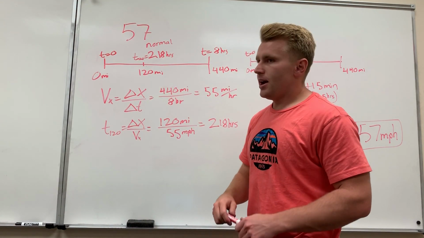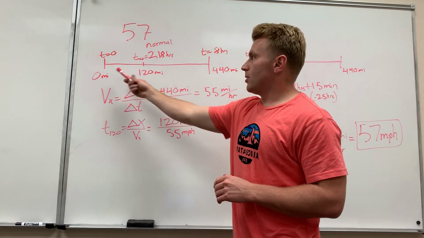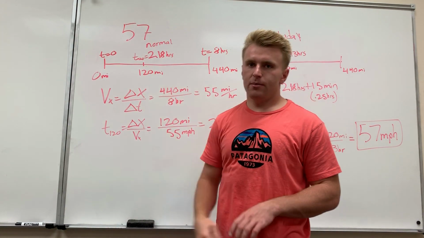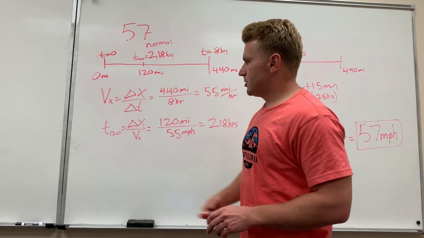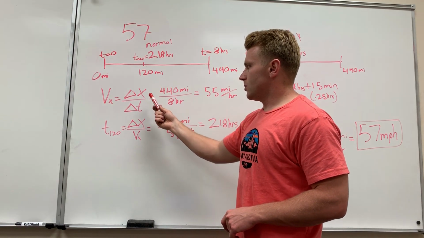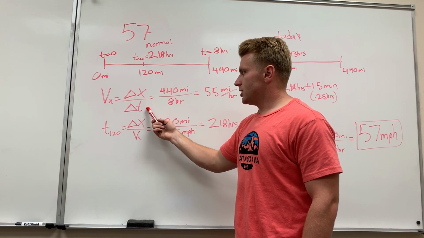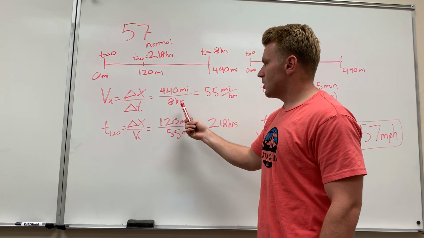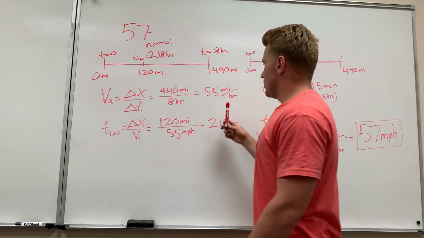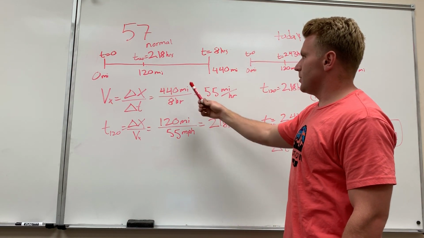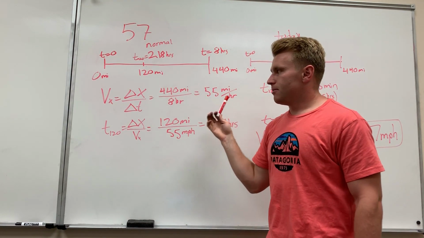First, we find out how fast he's going throughout this constant trip, basically. So using this equation, the change of distance over change of time is 440 miles over 8 hours.